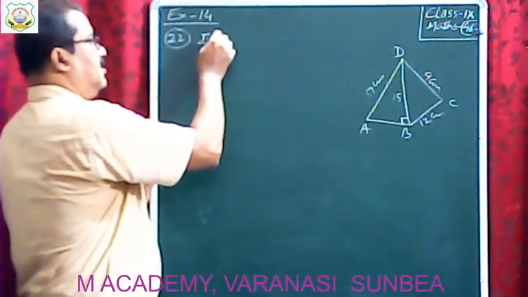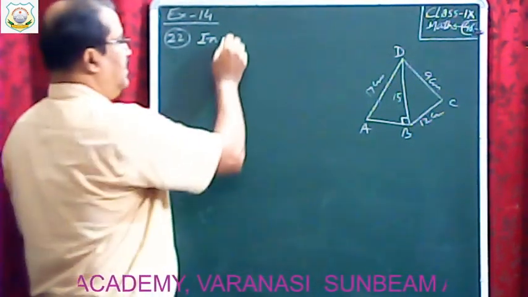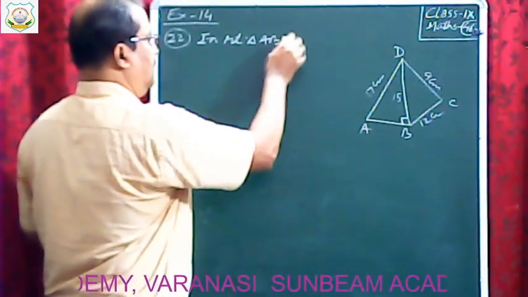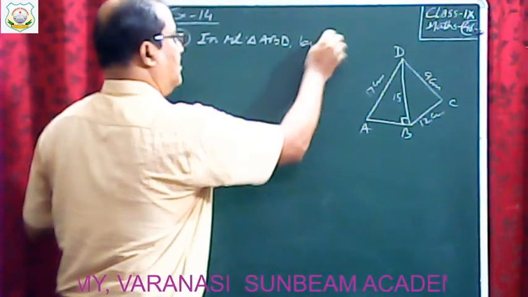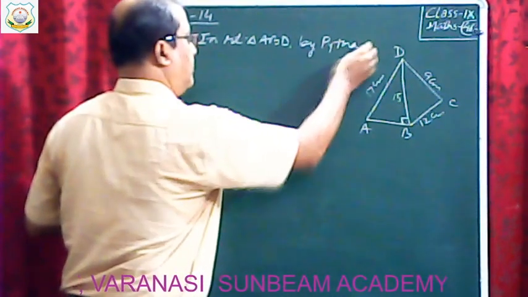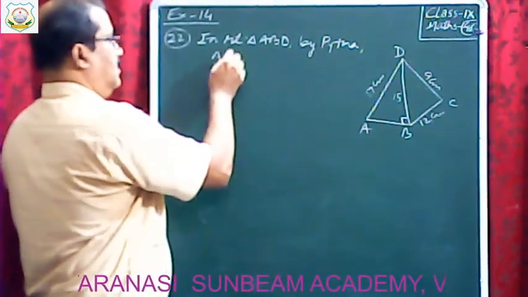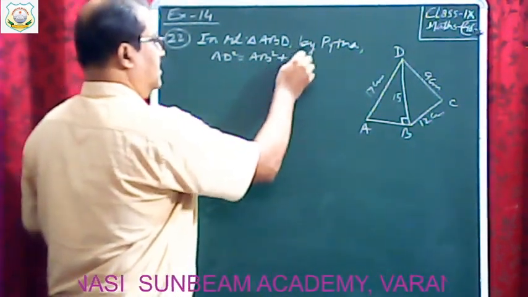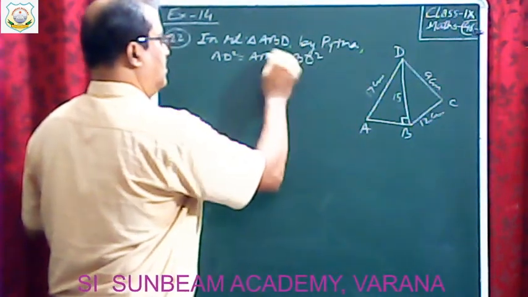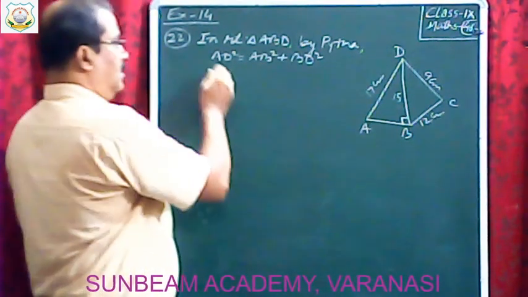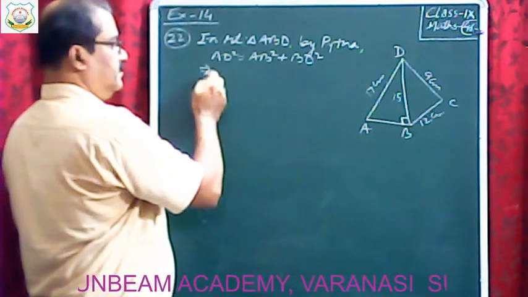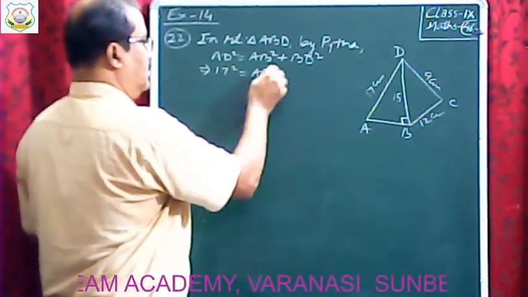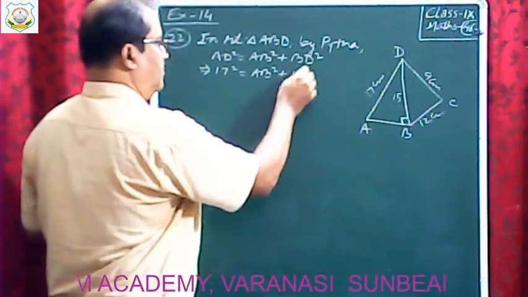So use Pythagoras theorem and find the length of AB in right triangle ABD by AD square equal to AB square plus BD square. Implies that AD 17 square equal to AB square plus BD 15 square.